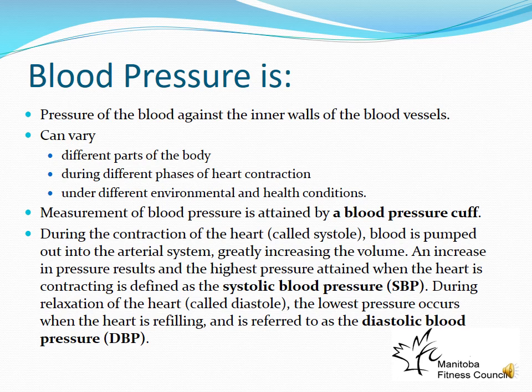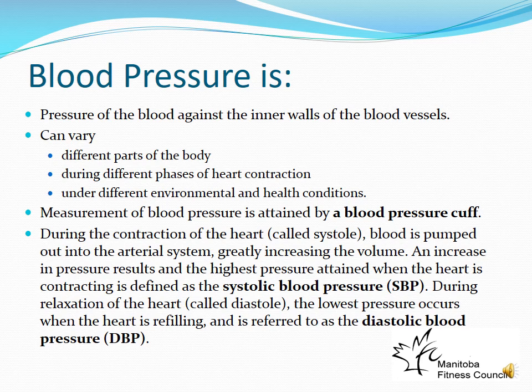During relaxation of the heart, which is called diastole, so that's when the heart is not contracting, in between beats, this will be the lowest pressure because the heart's filling up. The pressure in the body will be at the lowest, and this is called your diastolic blood pressure. So when you see blood pressure numbers, you see it's something over something.